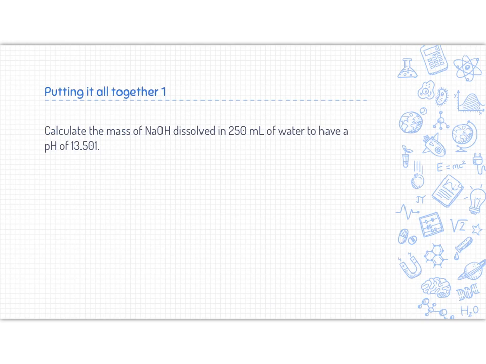All right, there's a few more extension problems here to get us a little bit further with these formulas. Calculate the mass of NaOH dissolved in 250 milliliters of water to have a pH of 13.501. Well, is NaOH an acid or a base? What we can start with is its dissociation equation. So NaOH as a solid can be dissolved in water, it is soluble, to make Na plus and OH minus.